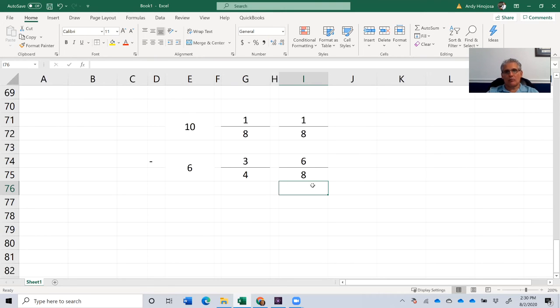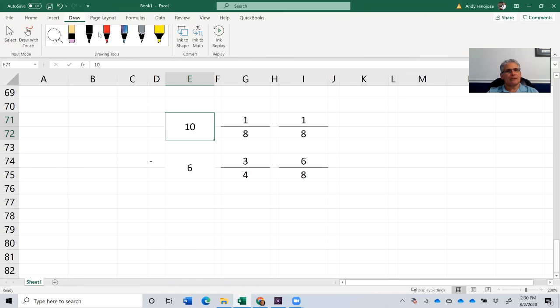But now we have a problem. 1 minus 6 won't work. We can't use negative numbers here. We're dealing with fractions. So the question is how do we make this work? Well, the book describes it as borrowing, but like I've mentioned before, I don't see much borrowing here.